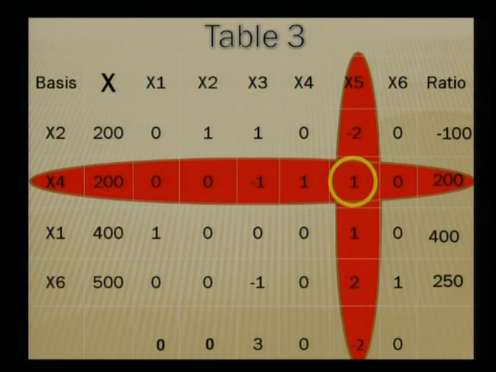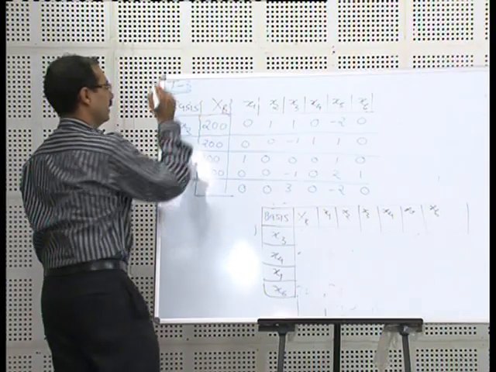And the row for the objective function is 0, 0, 0, 0, 0, -2 and 0. That is our table number 3.